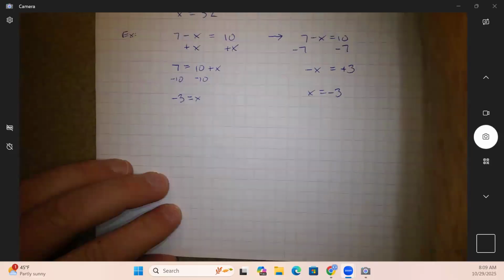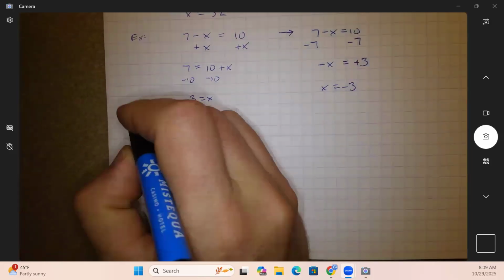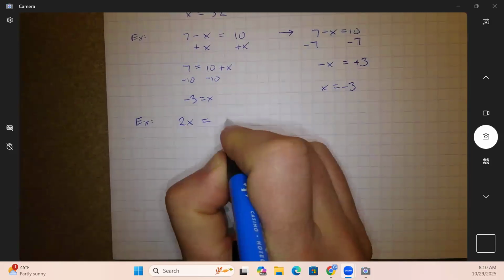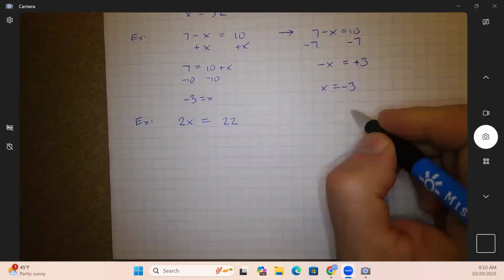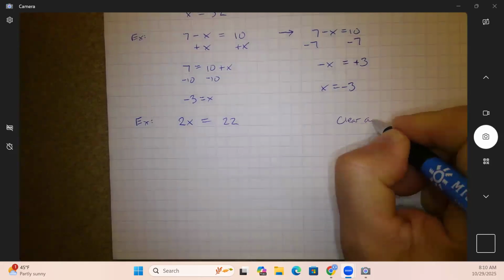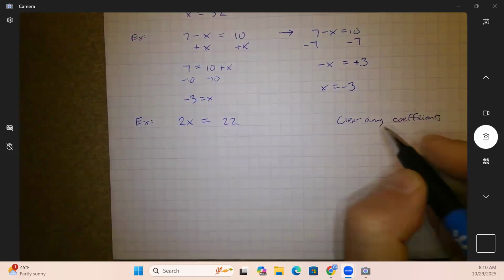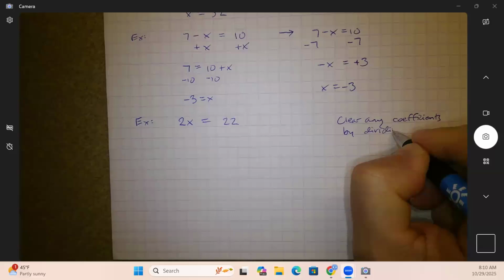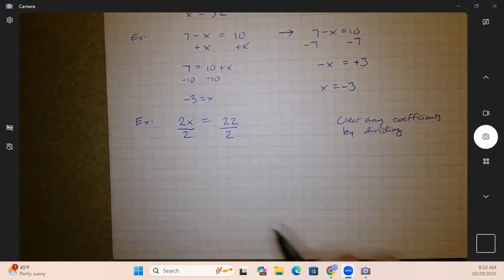And then we also looked at, well, how do you solve equations that involve multiplication? So 2x equals 22. We want to clear any coefficients by dividing. So the 2x, we clear the 2 by dividing by 2, and we get x equals 11.